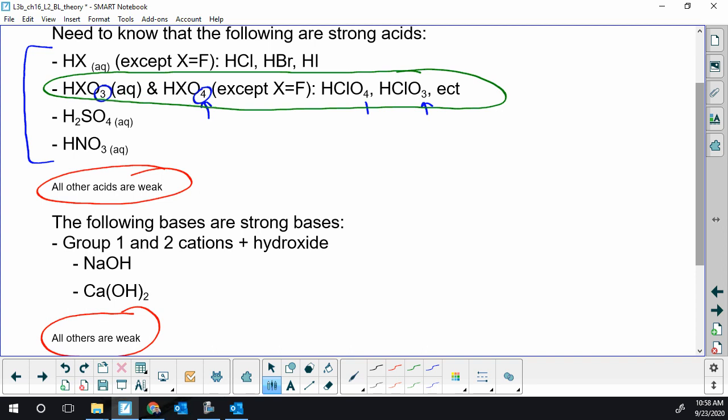Our ammonias, our carbonates, our phosphates, they're all weak bases. We're going to be living in this second conjugate base formula world. The strong ones you did in Chem 20. So group 1 hydroxides is there. Group 2, you have an example there.